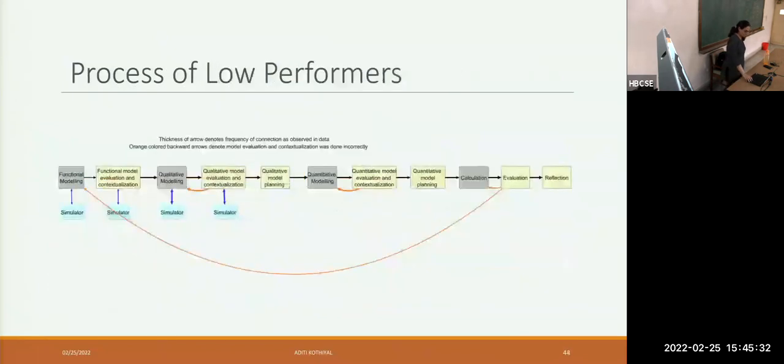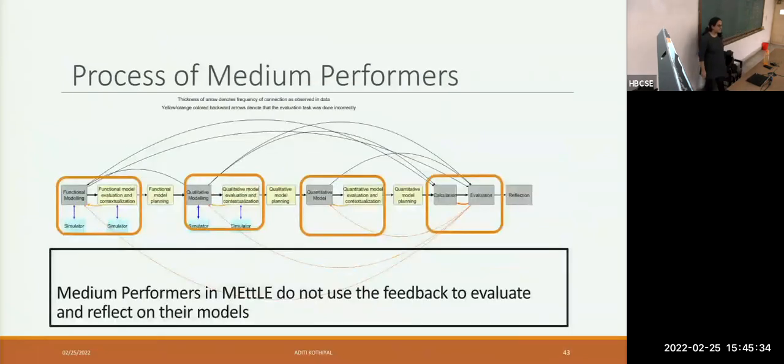The medium performers did not use the prompts in a very productive way. They did not see the value. They saw the prompts as questions, not as something that would help them solve the problem, but as a question that was just there. What they had more was a goal-driven approach: how can I get to the answer?